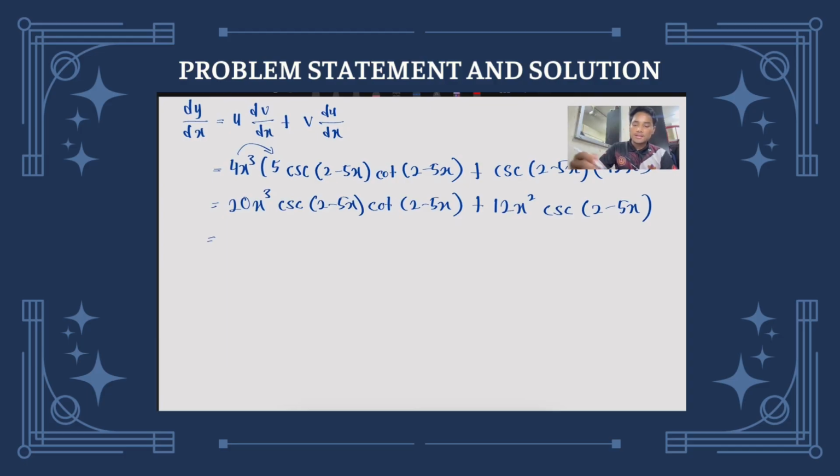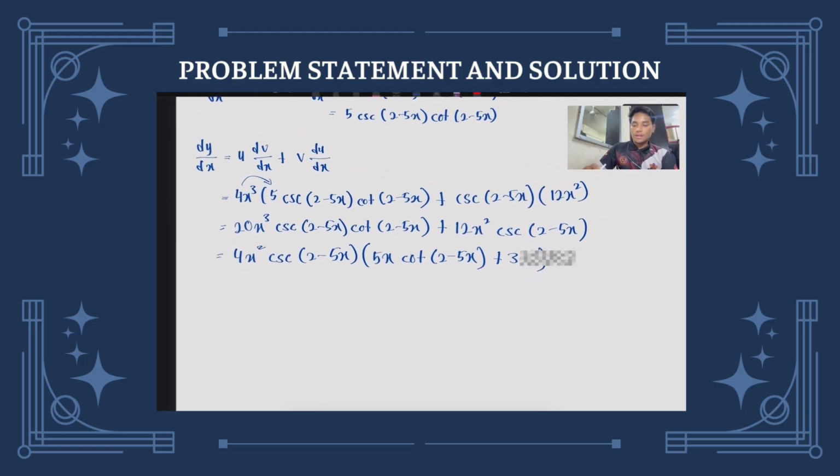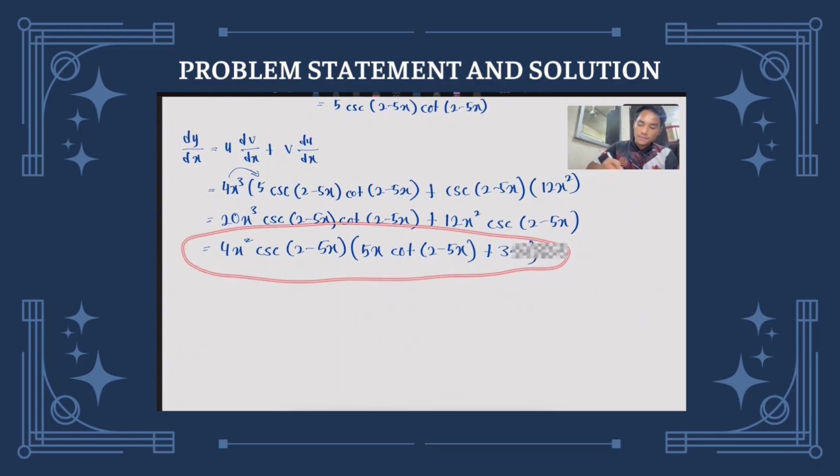To factorize, you take 4x squared cosecant of 2 minus 5x times the bracket of 5x cot of 2 minus 5x plus 3. That's the final answer.